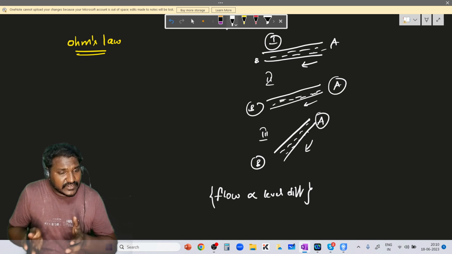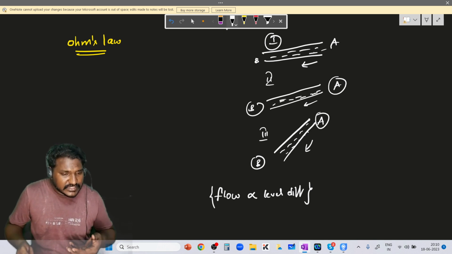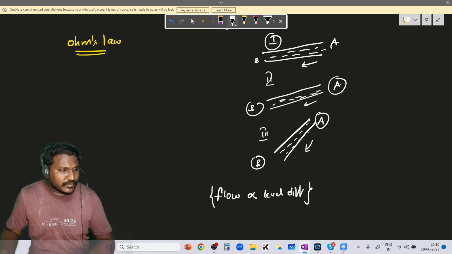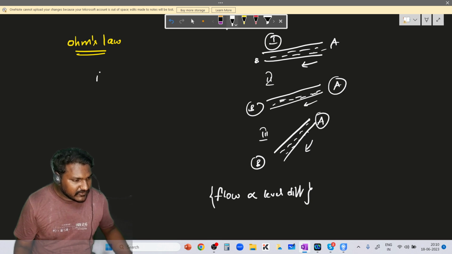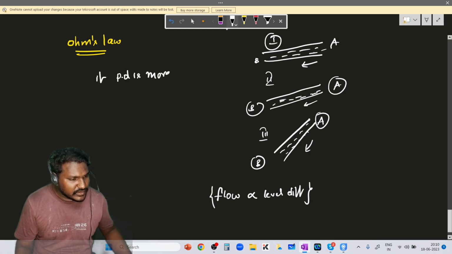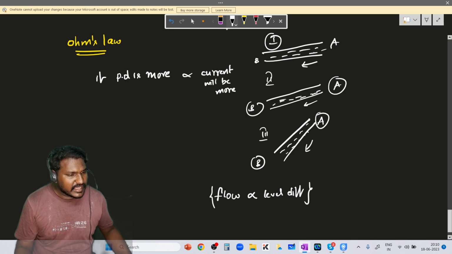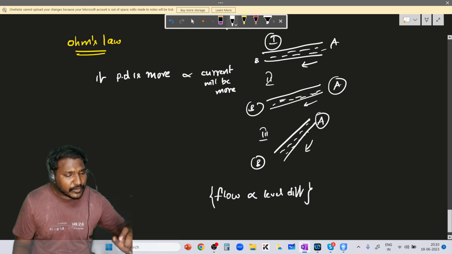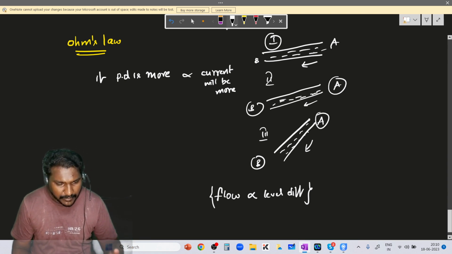If potential difference or voltage difference is more, current will be more. That means the current through an element or an object is directly proportional to the potential difference applied between its ends.